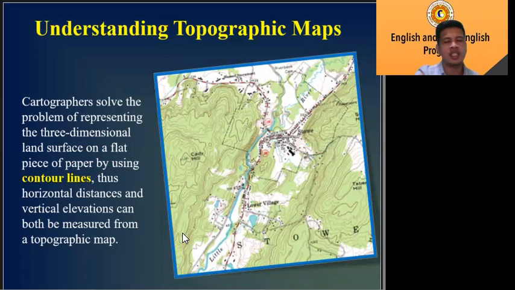If you know how to read this, you will be able to visualize a mountain, a cliff, or a valley in three dimensions on a flat piece of paper. Horizontal distances and vertical elevation can both be measured from a topographic map.